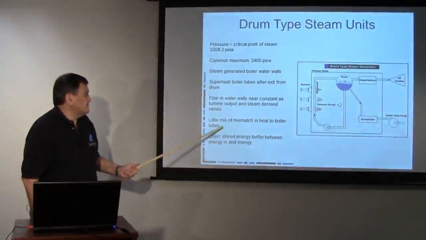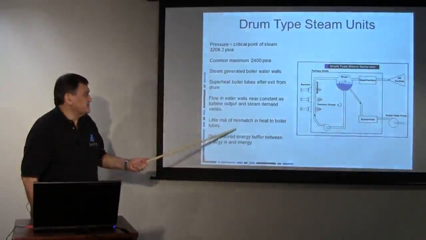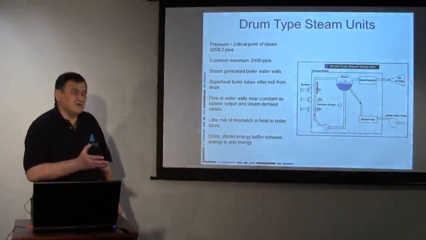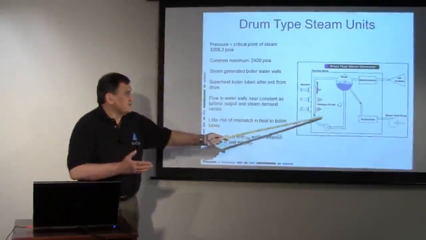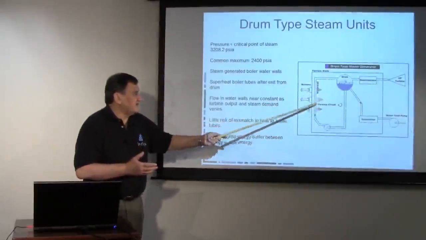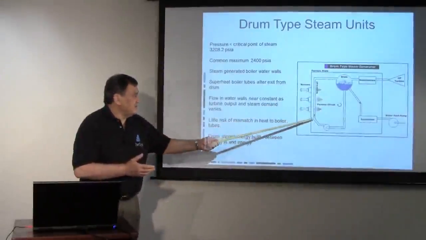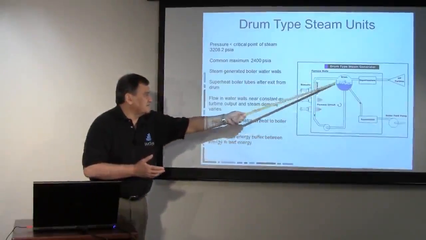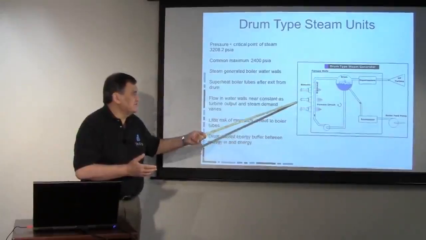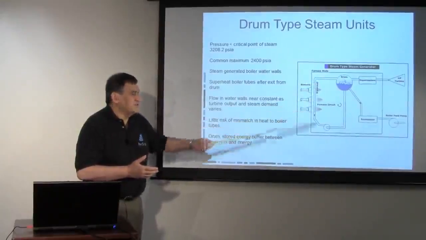And the bottom line is there's little risk of mismatch in the heat going to the boiler based upon the amount of fuel. So we'll see in the once through that we have to be much more careful to make sure that the amount of heat that is taken away from this fluid is carefully matched to the amount of fuel that is being burned.